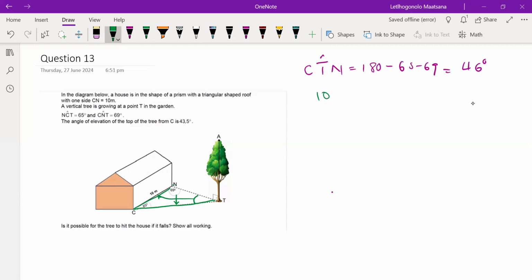So we have here 10 over sine of 46 equals CT over sine of 69.